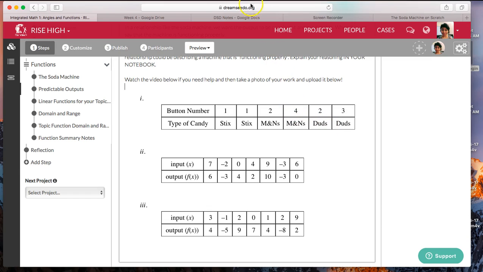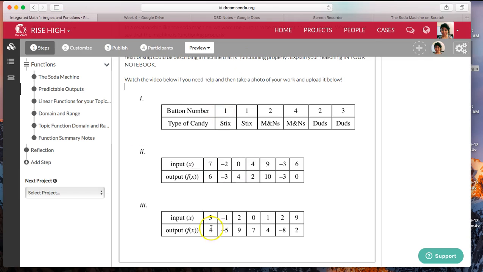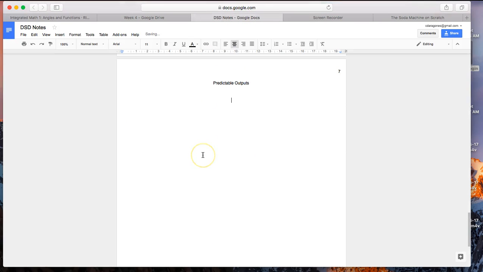So in your notebook, you're going to go to the next page and write down the title Predictable Outputs. Then you're going to write down what you think for each of these examples. So you're going to write, okay, for number 1, I don't think this machine is functioning properly because number 2 gives both M&Ms and duds.